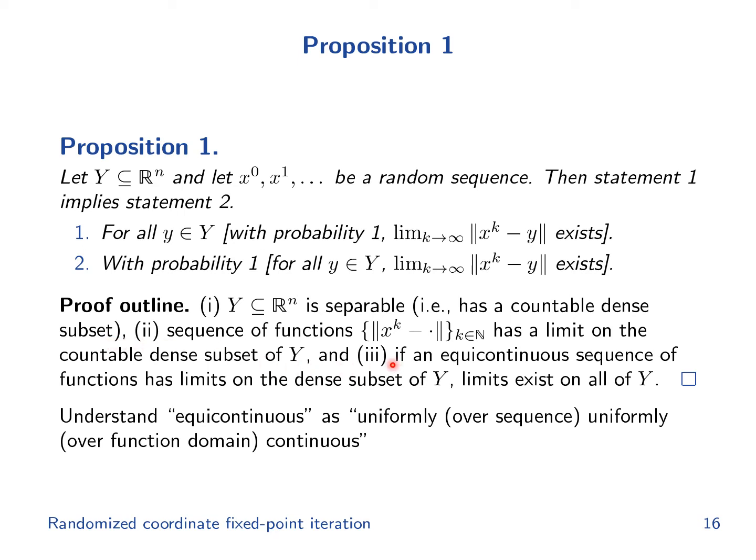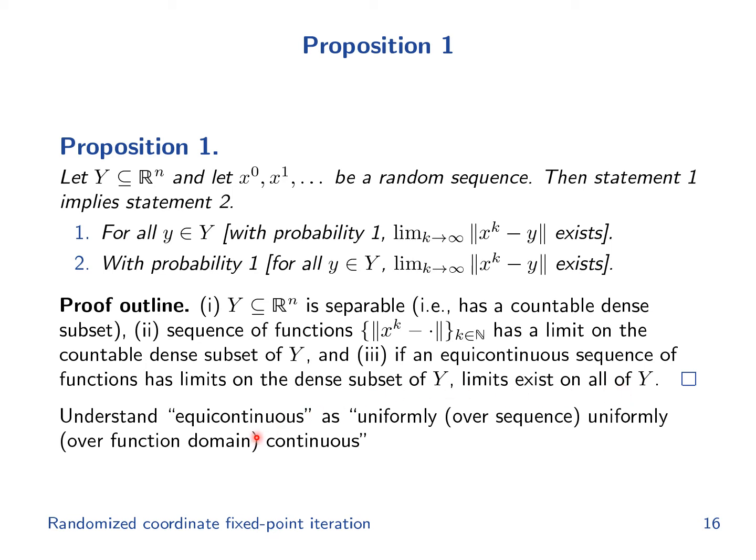And then, finally, we use the fact that the sequence is an equicontinuous sequence of functions. Then, because the sequence is equicontinuous, the fact that it has limits on the dense subset can be improved to it having limits on all of Y, the full set.